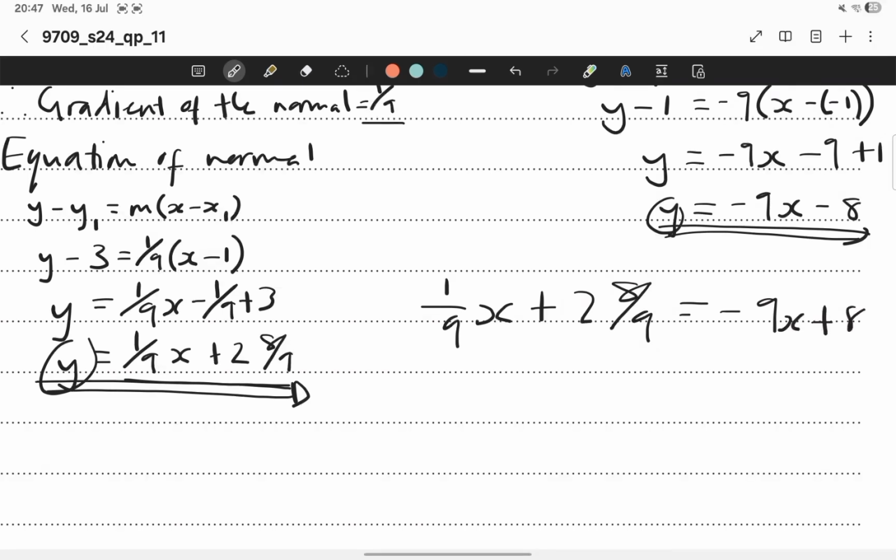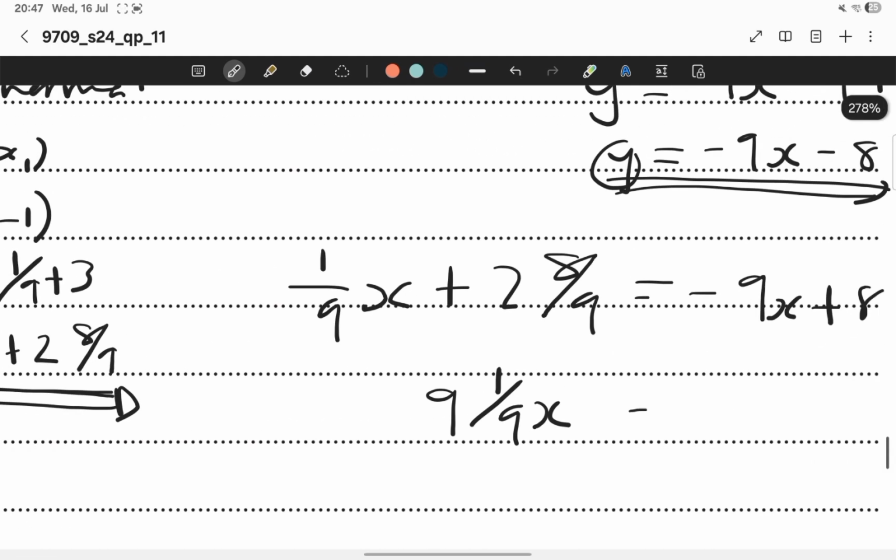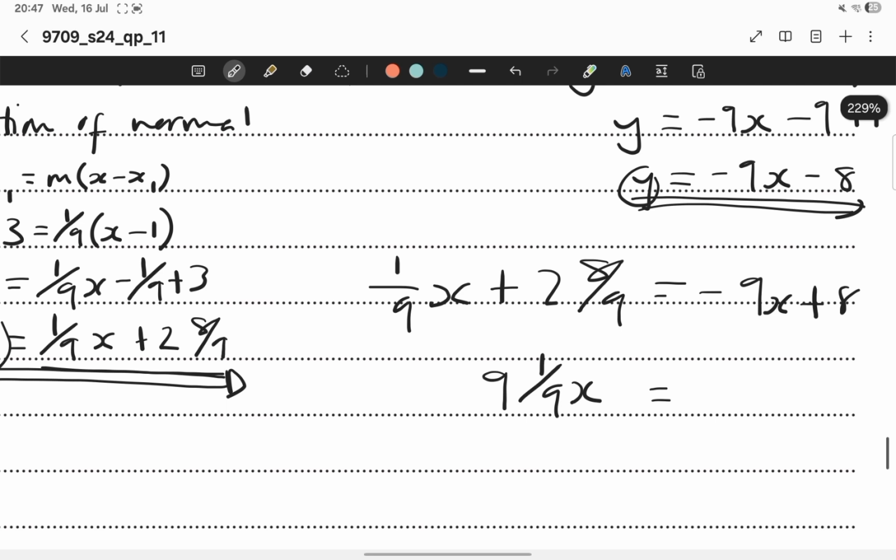Taking minus 9x to the other side, we get 9 and 1 over 9 x. And taking 2 and 8 over 9 to the other side, that will be minus 8, from this equation. So minus 8 minus 2 and 8 over 9, that will give us minus 10 and 8 over 9.